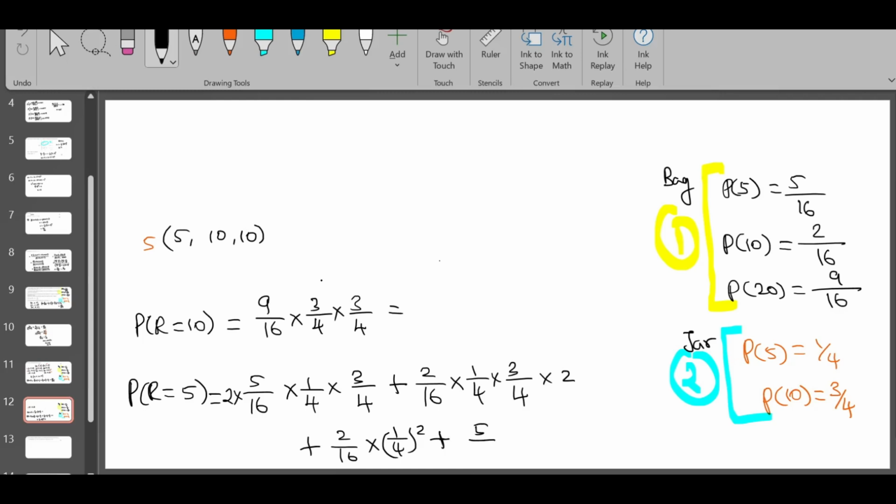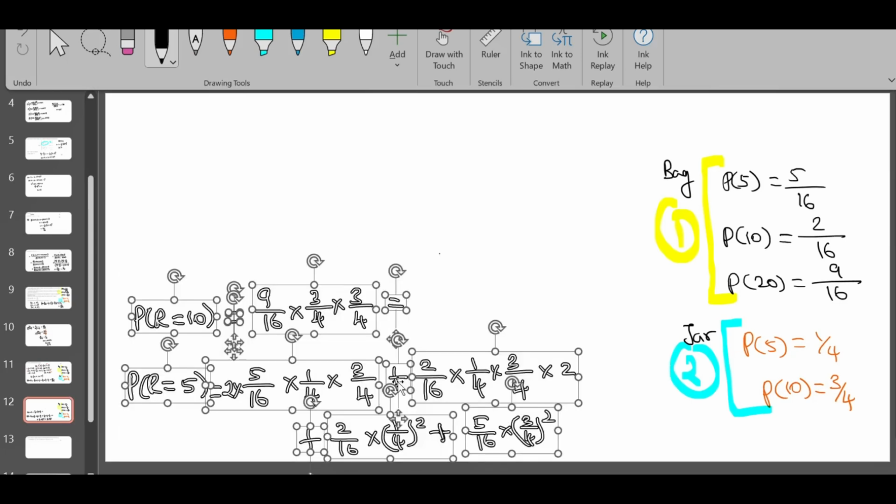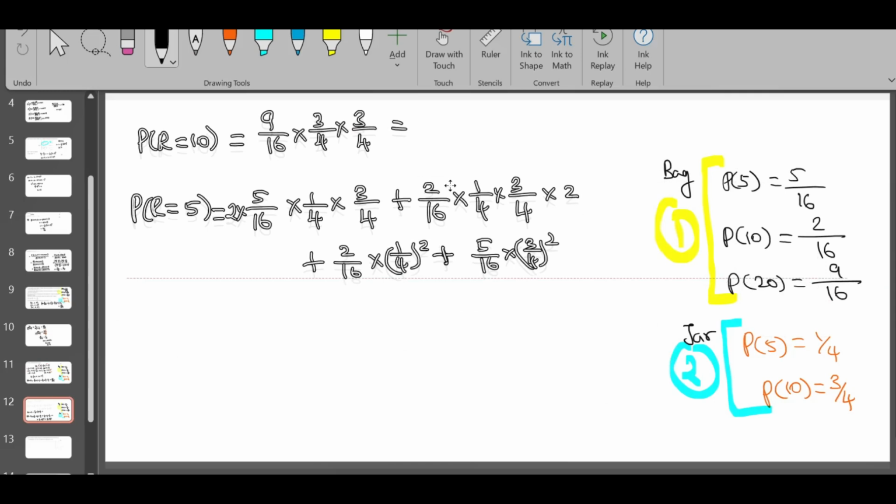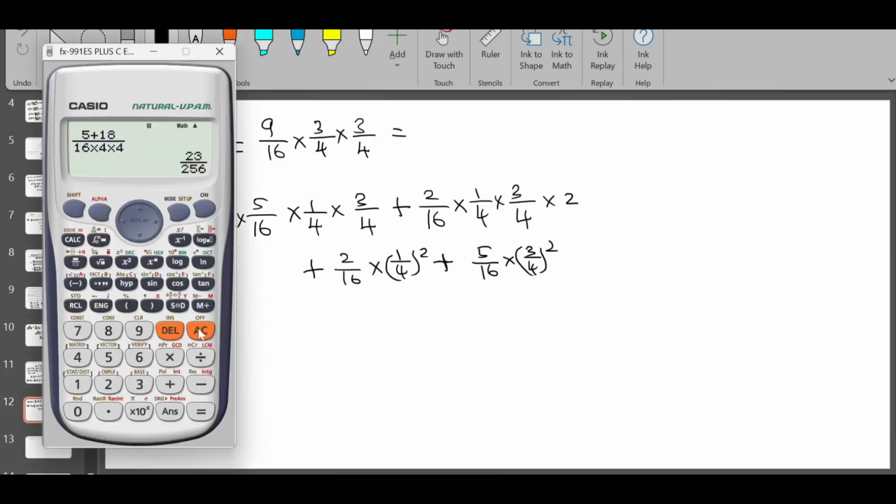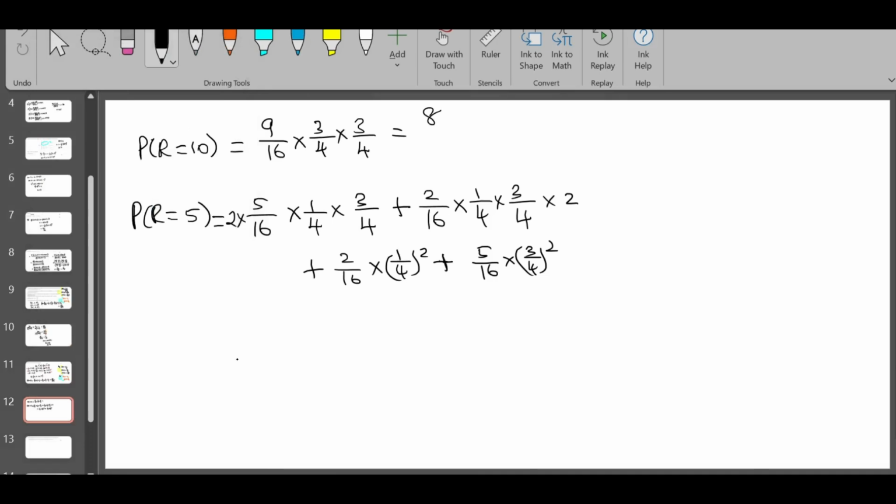So 5 over 16 times 10, that's 3 over 4 whole square. So we need to calculate these values also. So let me calculate this 10 first. 9 times 3 times 3 over 16 times 4 times 4. 81 over 256.